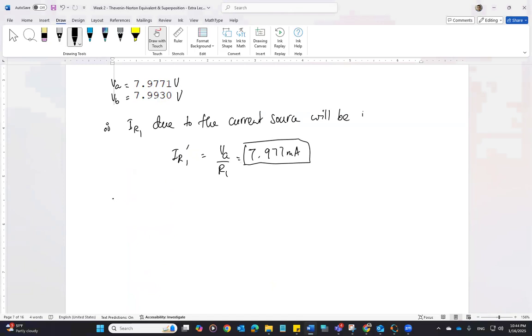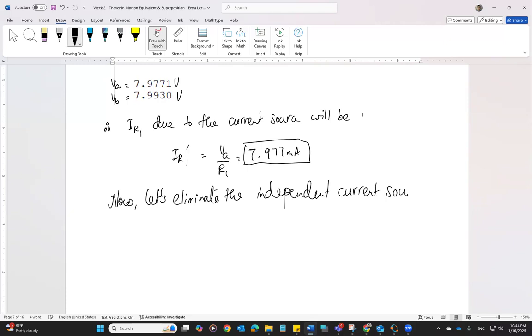Now, let's eliminate the current source, the independent current source, and find IR1 due to the independent voltage source.